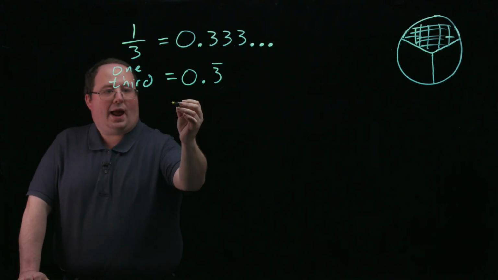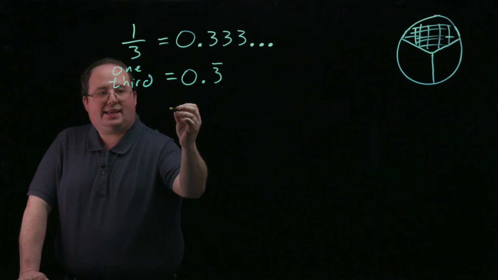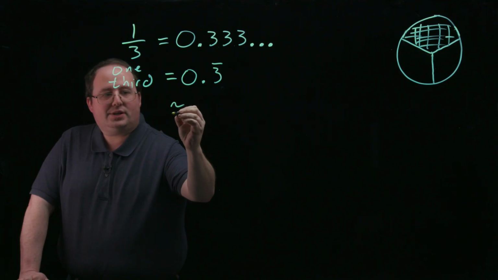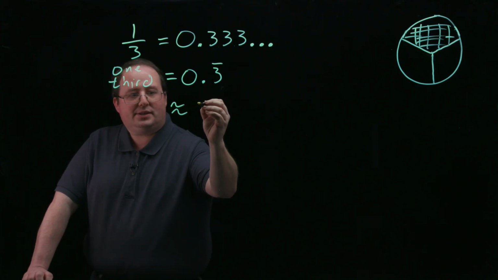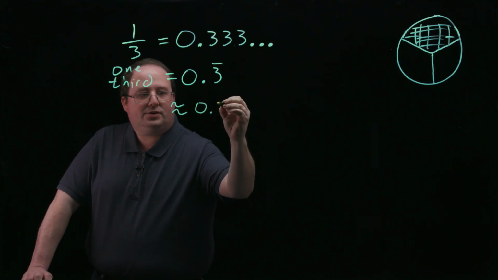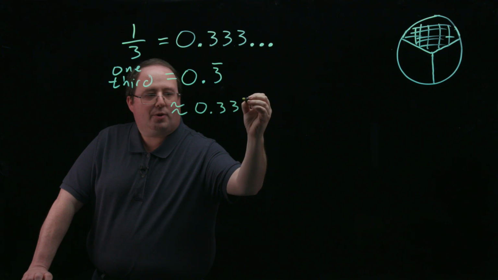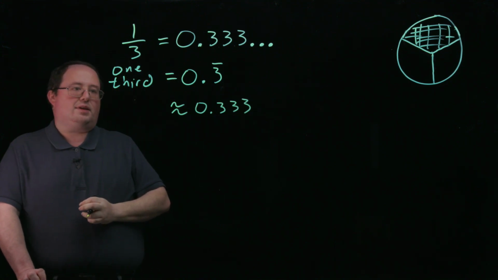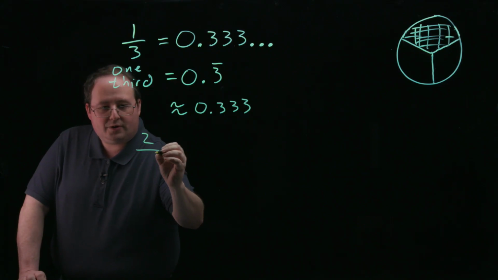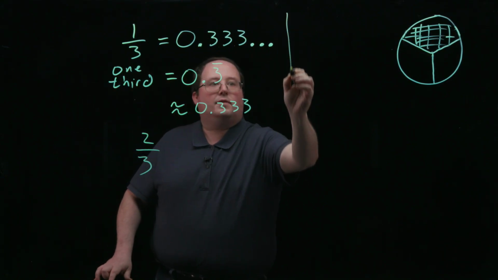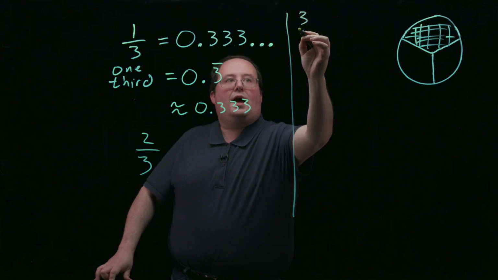Or we could round, and when we round we don't have an exact answer anymore, so we use these squiggly equal signs, and if we rounded to say 3 decimal places, then we would get 0.333. And the next fractions in the thirds are 2/3 and 3/3.